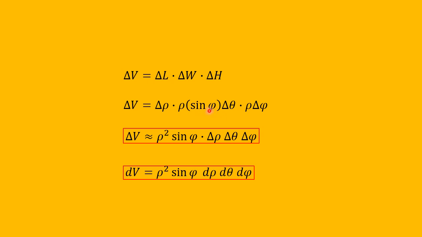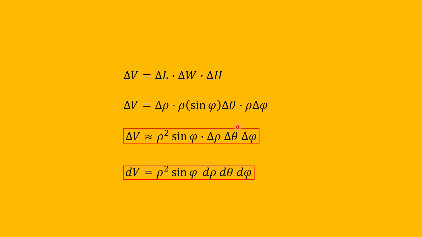So basically the volume is rho squared times sine phi times delta rho times delta theta times delta phi. So for small boxes, this gives us the volume of that small box-like wedge in terms of rho, phi, theta, and also delta rho, delta theta, and delta phi.